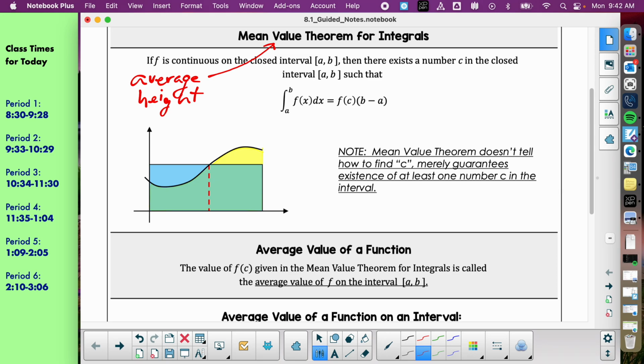When you have a curve, obviously the height is different everywhere. But if we look at a little local section, we want to figure out the average height of that, because in some cases that's useful depending on what it stands for. This is the actual theorem.